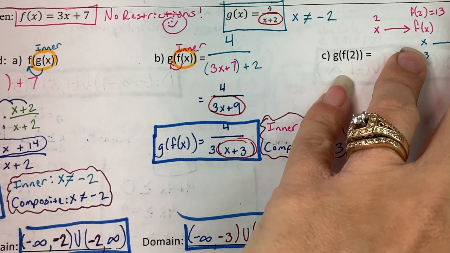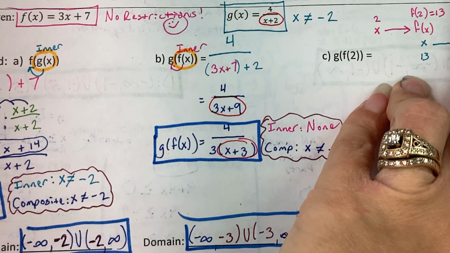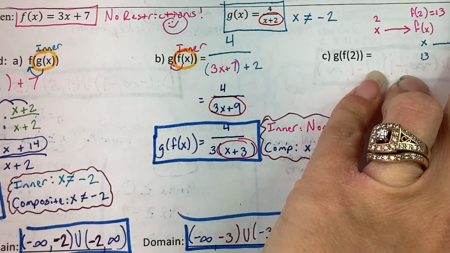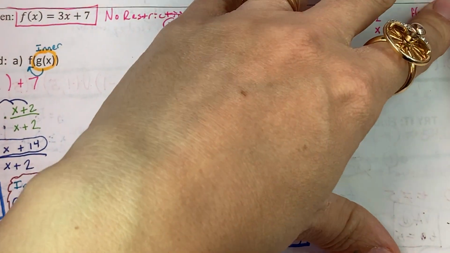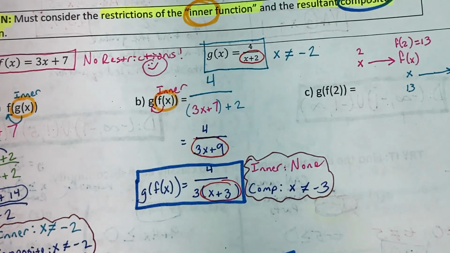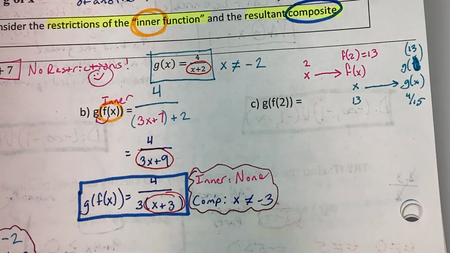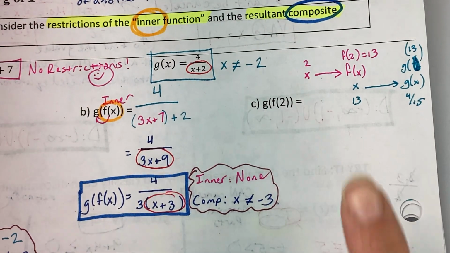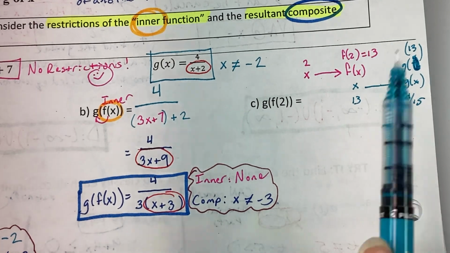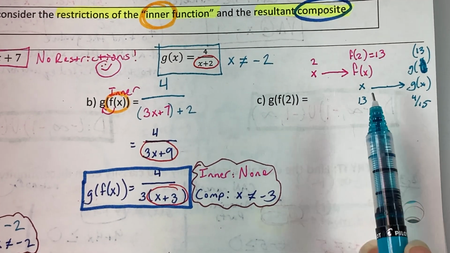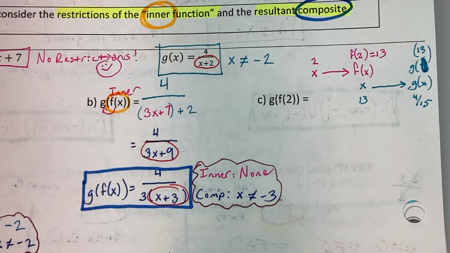So g of 4/15, or sorry, g of 13 is what gives me the 4/15. So folks, this is just showing what streamlining these two functions looks like. But as you can see, doing it this way is kind of annoying. I take an input, I get an output, that output becomes my input, and then my input becomes another output.